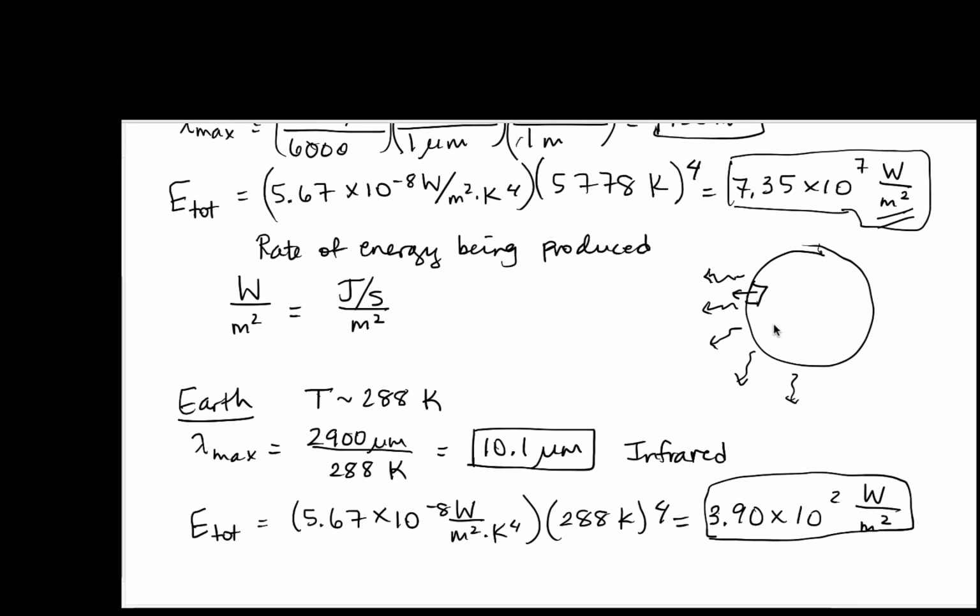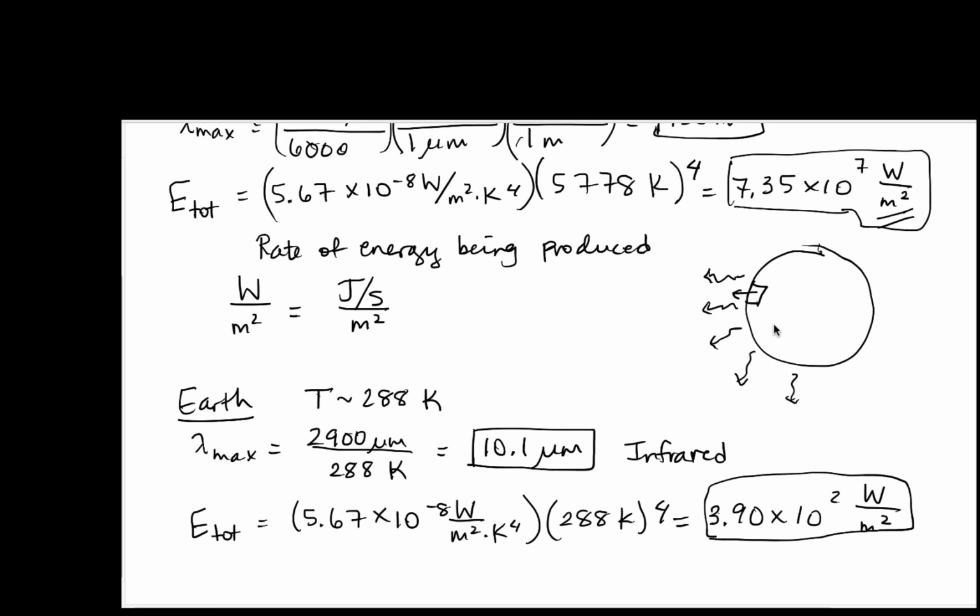So what we just did was we took the actual Earth's temperature and calculated where we would be emitting and what the total energy is. But we can actually calculate the predicted temperature. You may or may not have seen some of these calculations before, where people talk about what the temperature of the Earth would be like if we didn't have an atmosphere, if we didn't have the greenhouse effect helping us.